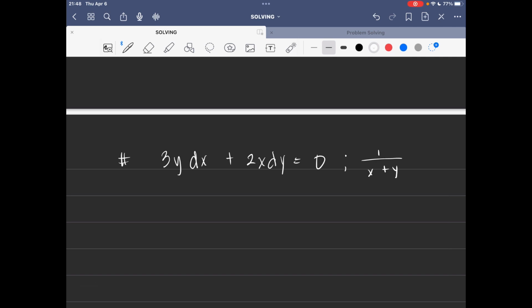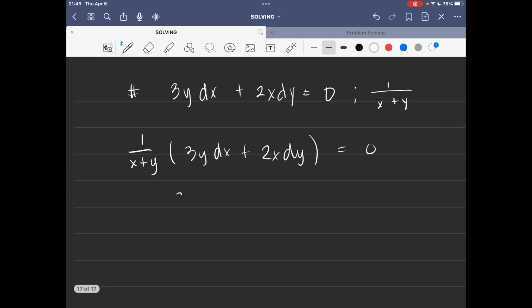So to solve the problem, we are going first to multiply the integrating factor of 1 over xy to the general equation. So we get 1 over xy times (3y dx plus 2x dy) is equal to 0.